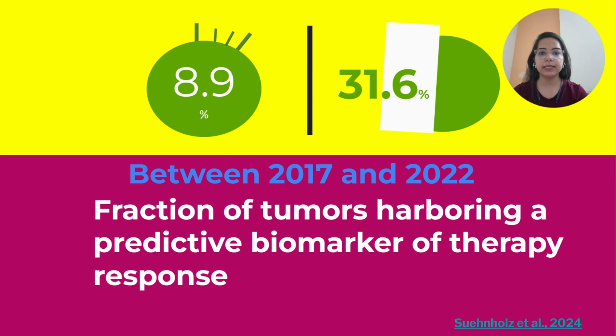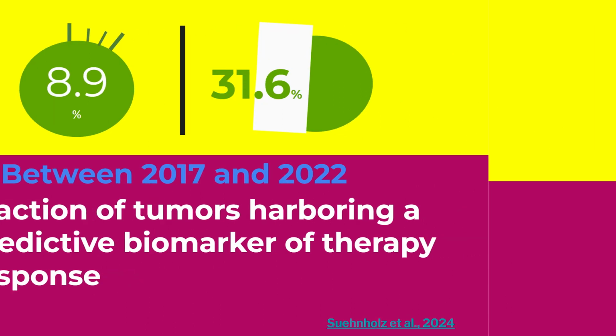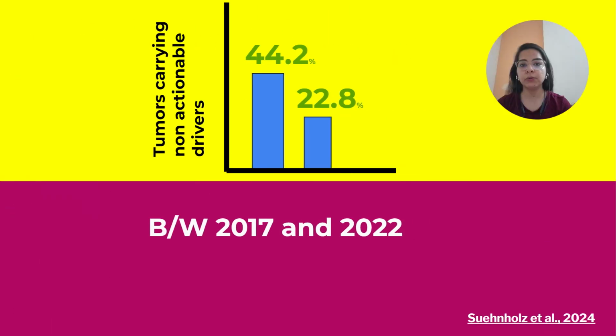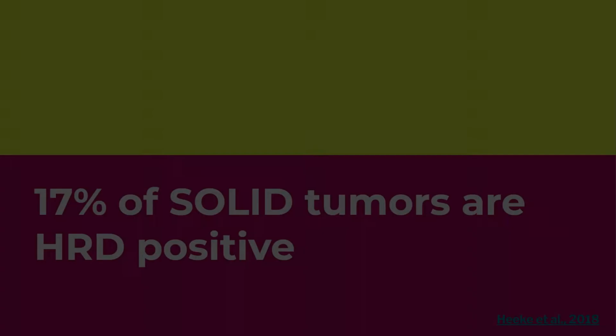Before I start this presentation, let me state some overarching facts regarding the clinical actionability in oncology. Between 2017 and 2022, there has been an almost fourfold increase in the fraction of tumors harboring a predictive biomarker, which is a remarkable jump. This can be appreciated more by the fact that tumors carrying non actionable drivers have almost reduced to half.